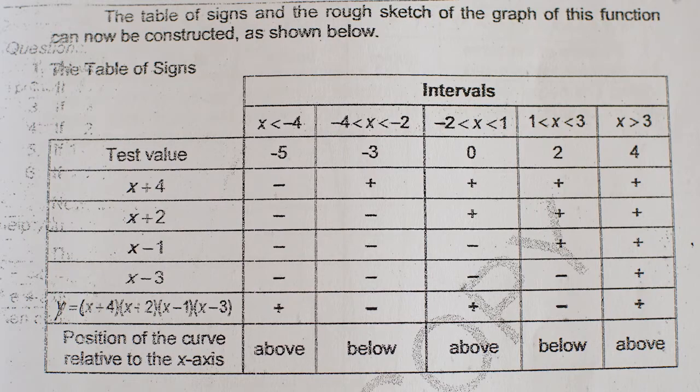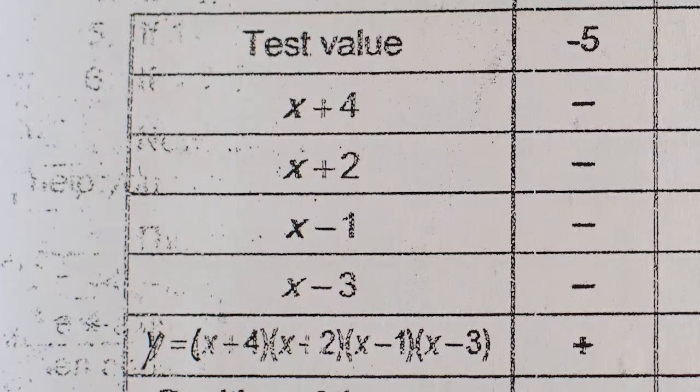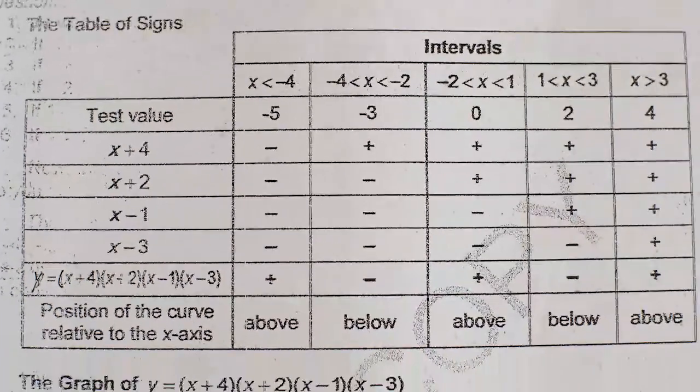And then we have the table of signs, with the test value, x + 4, x + 2, x - 1, then x - 3. Then we have x is less than -4, then -4 is less than x is less than -2, that is the interval.